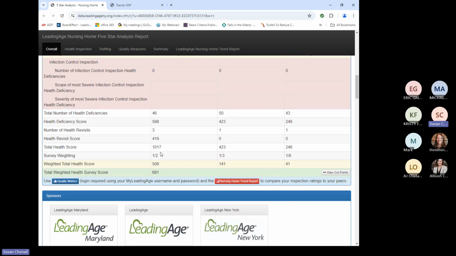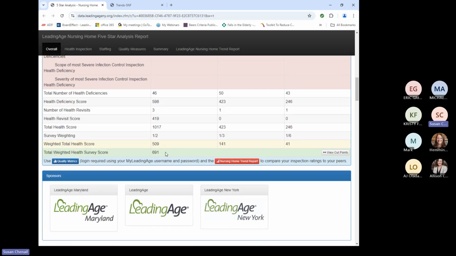And at the bottom of the health inspection domain is what the overall points tally is, along with links to how to interpret that into a star rating.